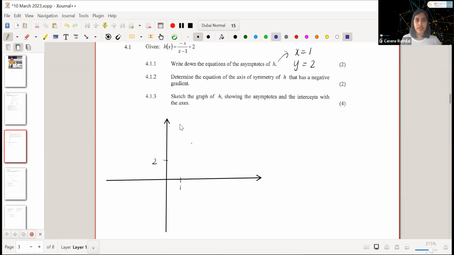Now I need to sketch these straight lines that represent the asymptotes. The blue dotted lines represent the asymptotes that we were expected to draw. This is x equals 1, and this is y equals 2.